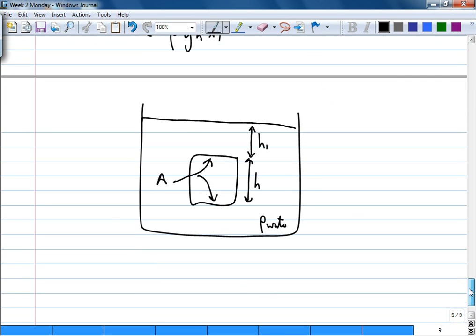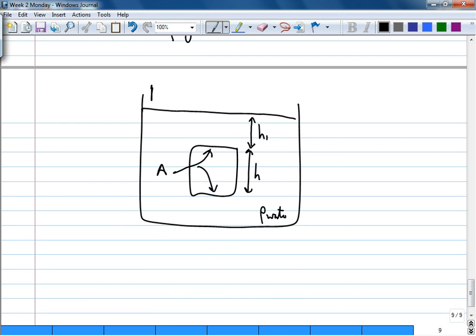So now I'll just set P atmosphere as 0. We do all our characterization in terms of gauge pressure. Now these are all level surfaces. Next lecture we'll talk about when the surfaces are not level. So the force on top is pressure times area, correct or not? The force below is also pressure times area, correct or not?